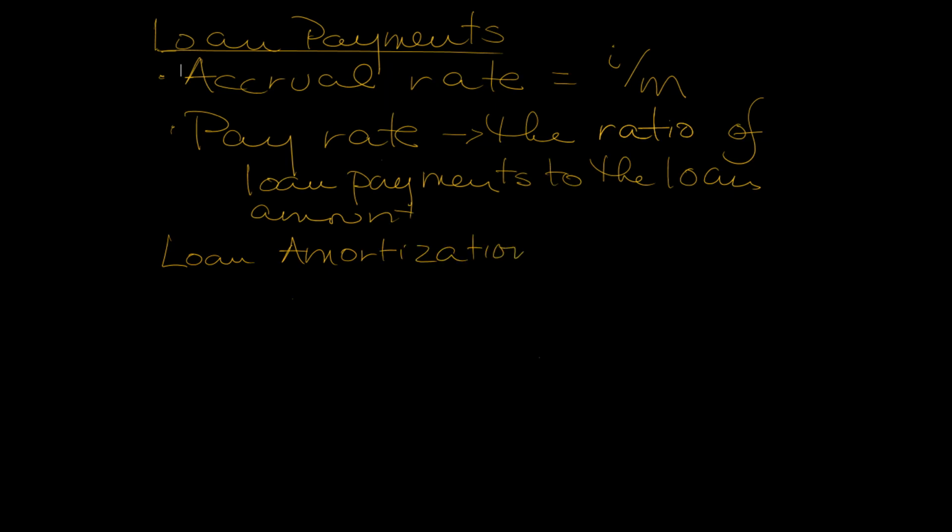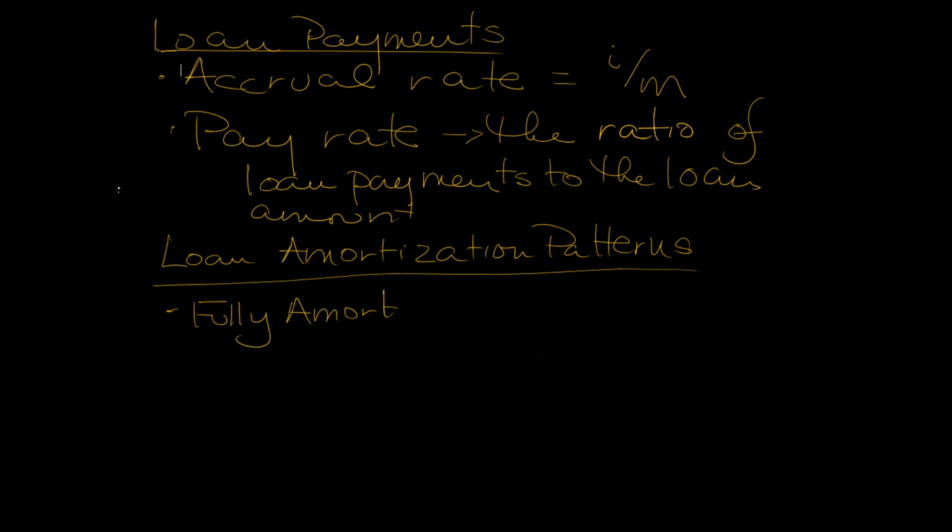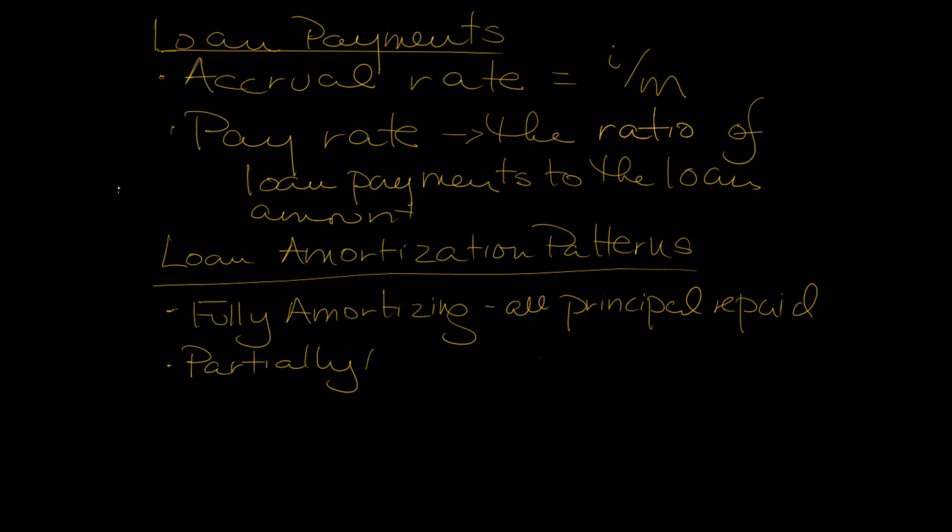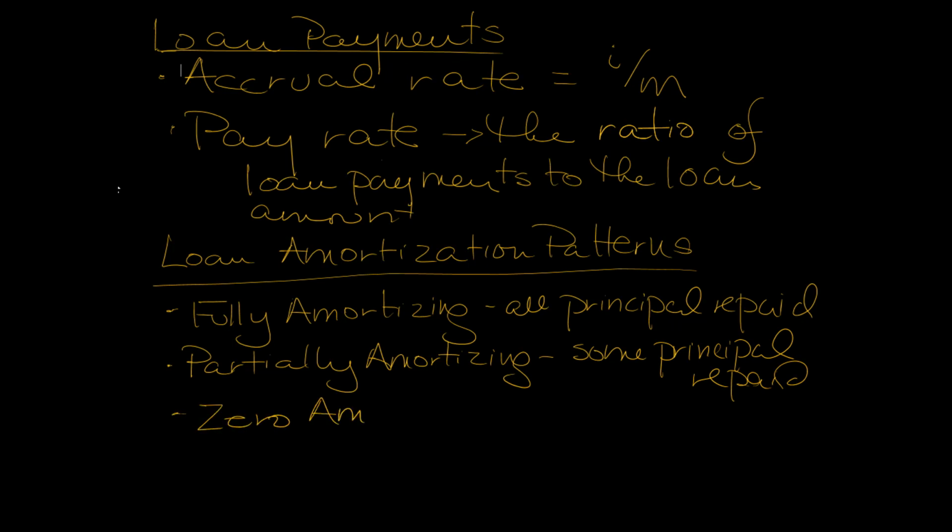There are a number of amortization patterns for these loans. First, a loan could be fully amortizing, and so that means that the pay rate is going to exceed the accrual rate, and therefore the loan will be fully paid at the end of the term. With a partially amortizing loan, the pay rate will result in a payment that will exceed the accrued interest, but not by as much as the payment for the fully amortizing loan.